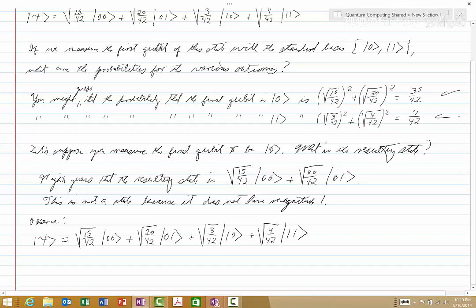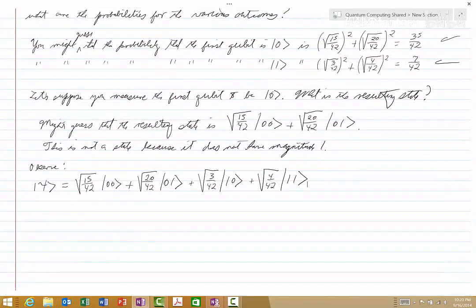Now, since we're measuring just the first qubit of this state, I want to separate out the first qubit in the following way.